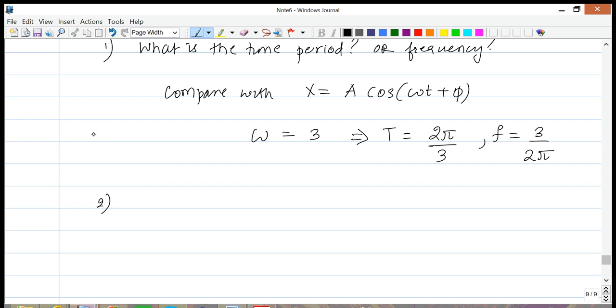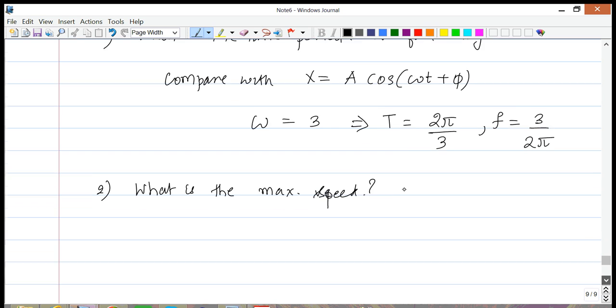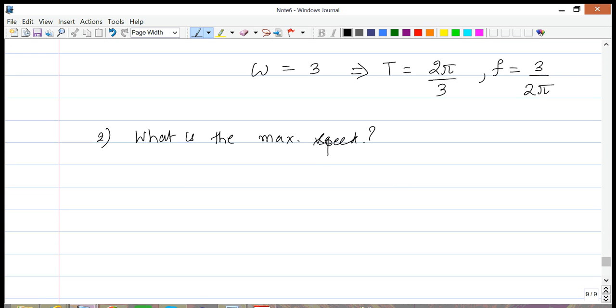Okay, another question I can ask is, what is the maximum speed? Again, pause, think about it, and see what you get. Alright, I'll write the answer here.